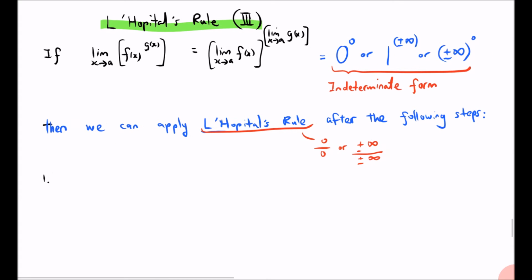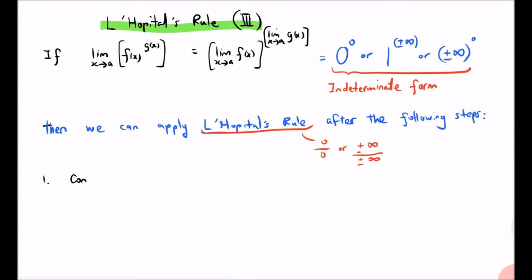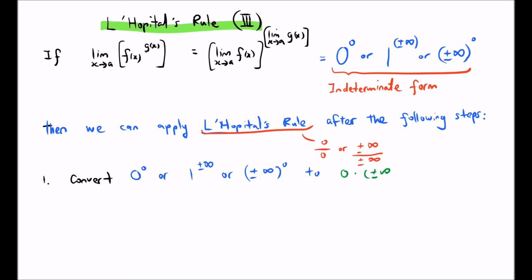So what's the first step? The first step is to convert your 0 to the power 0, or 1 to the power plus minus infinity, or plus minus infinity to the power 0, to the form 0 times plus minus infinity.